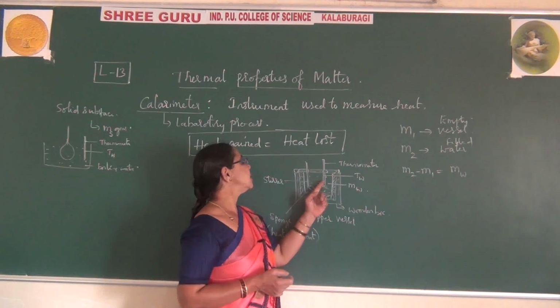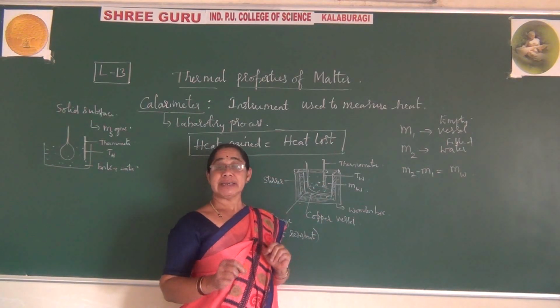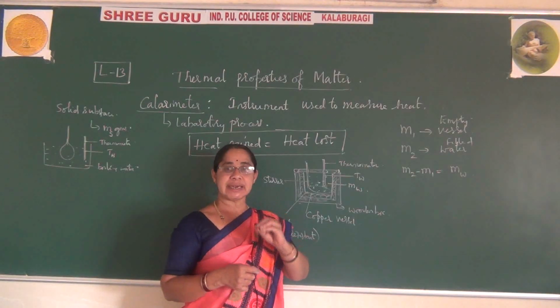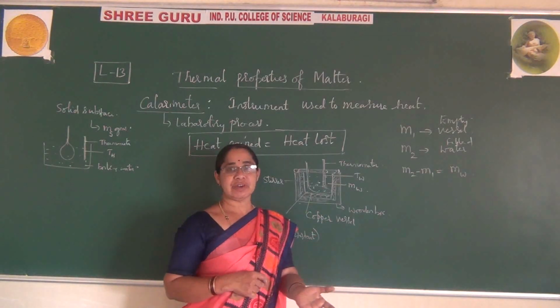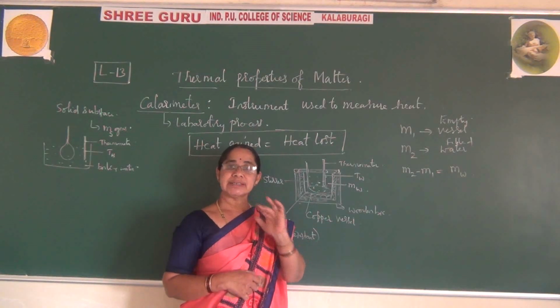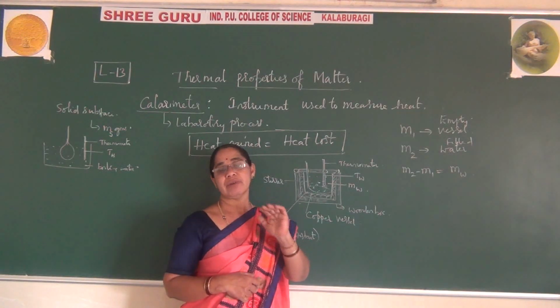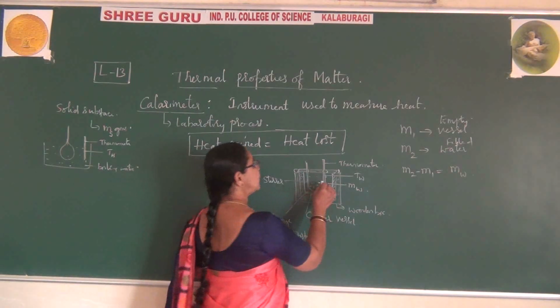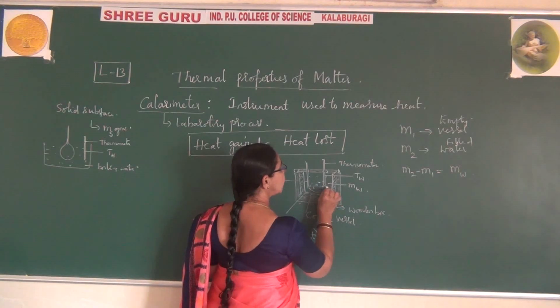The temperature rises up to some level, and once it reaches that level there is no further change; the temperature becomes stagnant, meaning it stabilizes. At that temperature we note it down, and that is called TF.